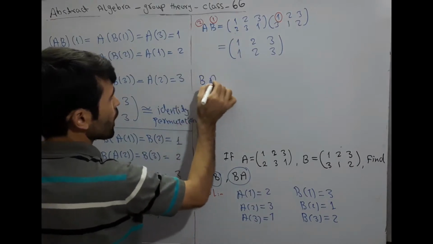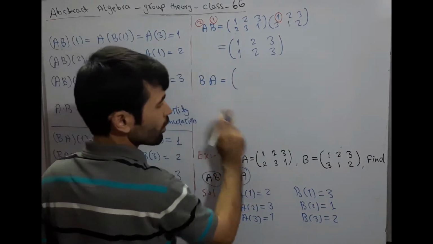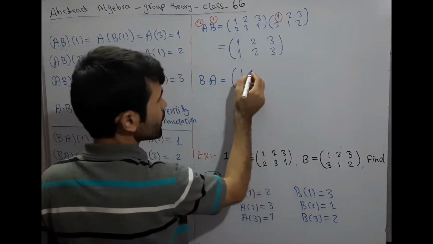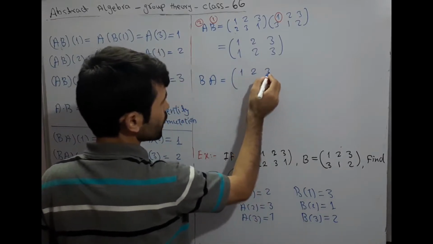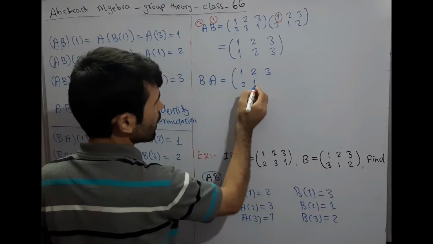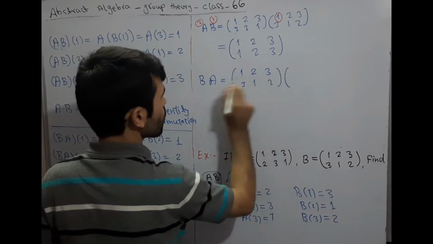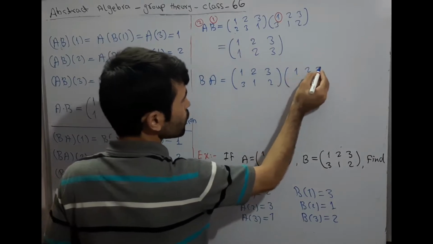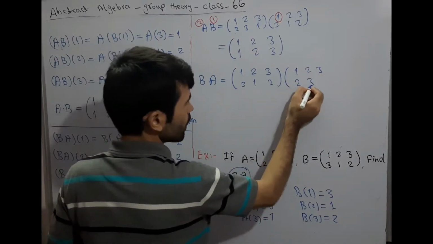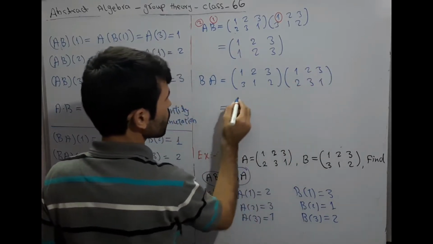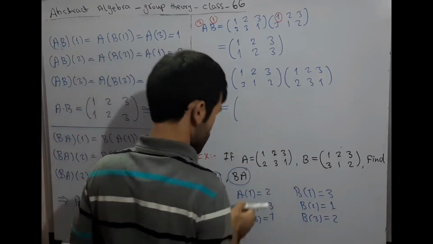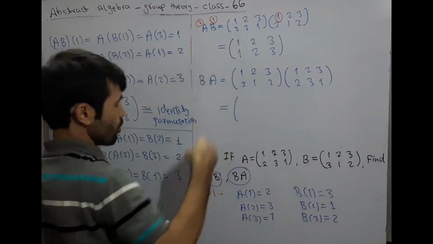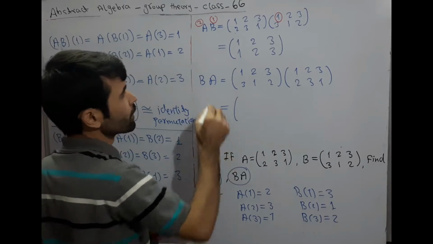For b into a we can write, instead of b, its value 1 2 3 over 3 1 2, into, instead of a, 1 2 3 over 2 3 1. It is equal to, now same as a into b, we can also find it.